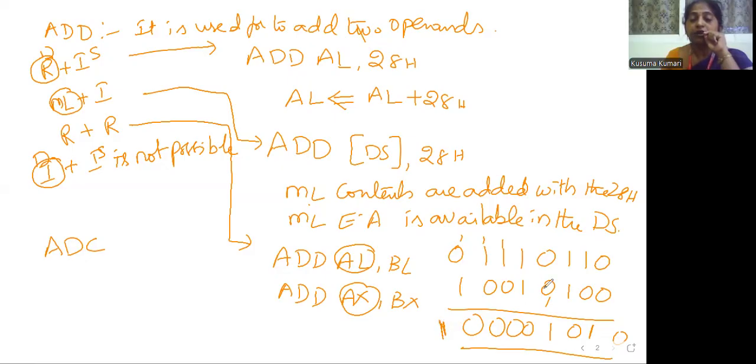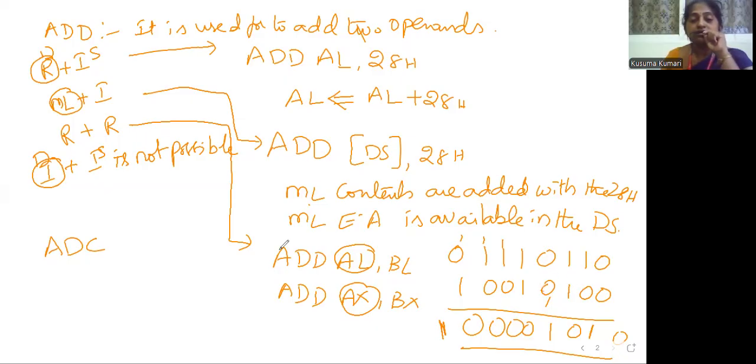In between positions an auxiliary carry is also generated, and it should be passed from one position to the next position.